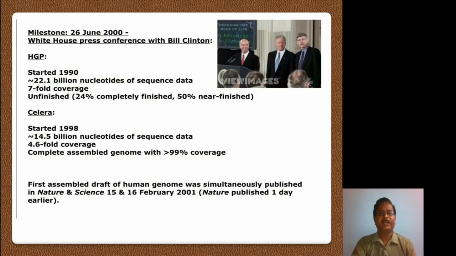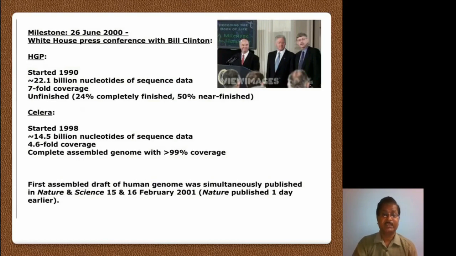HGP started in 1990. Approximately 32.1 billion nucleotides of sequence data were sequenced. 7-fold coverage was done. 24% were completely finished, 50% near to finished, and now it is finished.